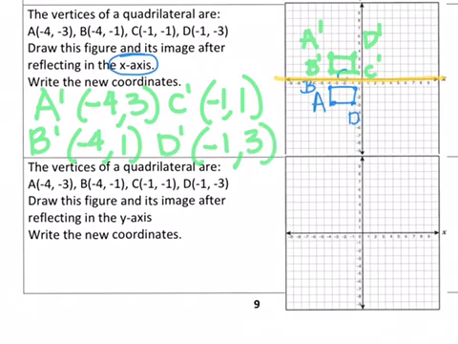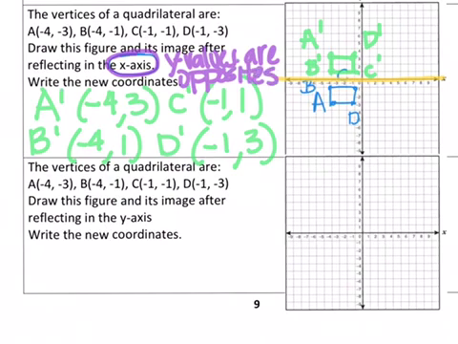Now we talked about this with our last example, where if we reflected over the y-axis, the x value becomes the opposite. Now when we went around the x-axis, our y values become the opposite. So what that means is our y values, which are the second value in your coordinates, they became all positive this time because they were negative originally.